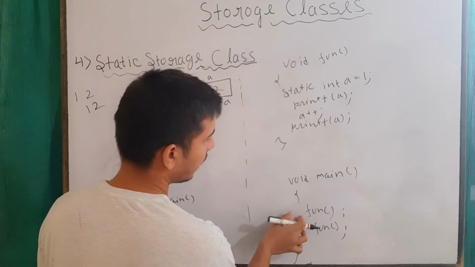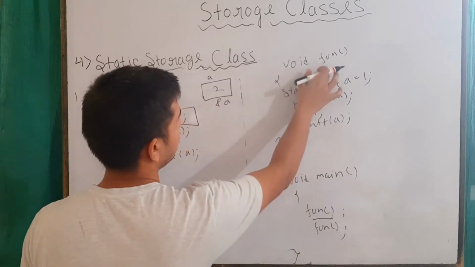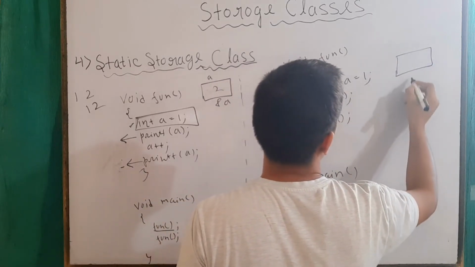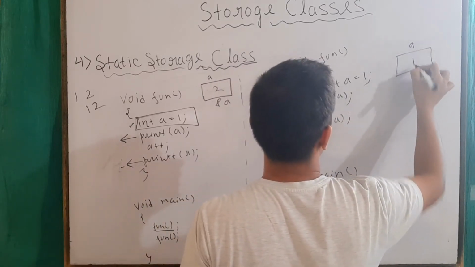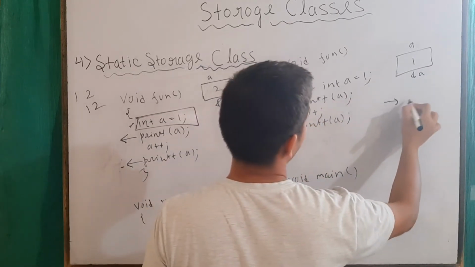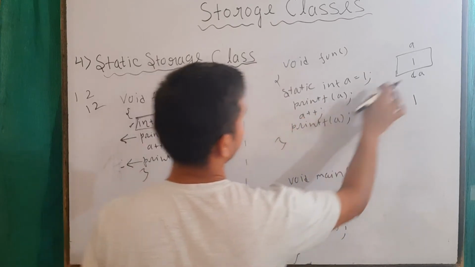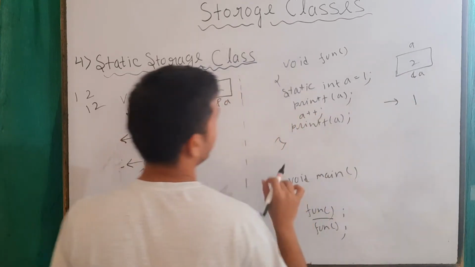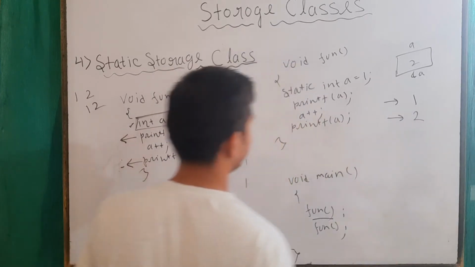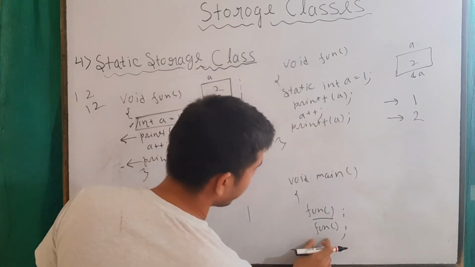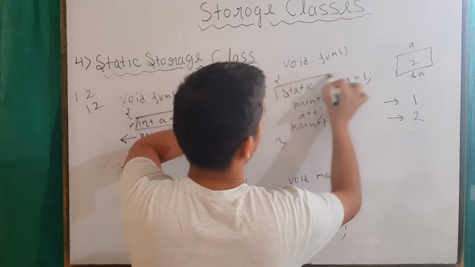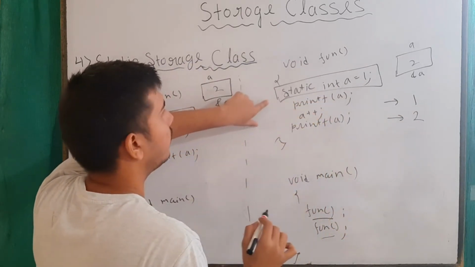Now again the function is called, I'm doing static int a, some memory will be allocated, and a is 1. Now if I do printf of a, it will give me 1. a++ will increase the value to 2. Then again printf of a gives me 2. Now I'm calling the function again, but this time this line will not execute or take place.